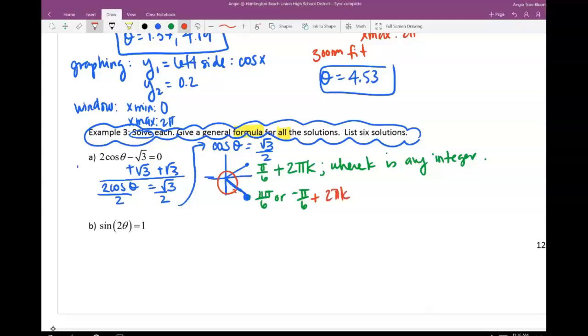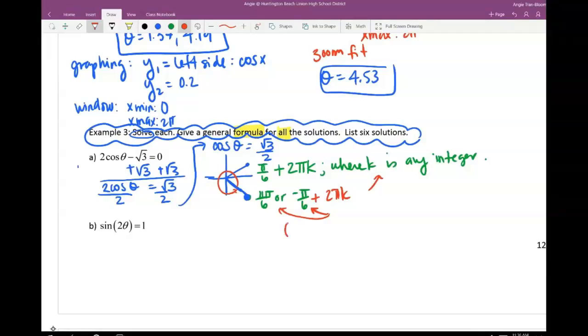And if k is 0, then you have your first answer originally. Then if k is 1, then now you are adding 12 pi over 6. 12 pi over 6 reduces down to 2 pi. So that's why you're going to end up with the next answer in the next period, okay? And again, where k is an integer.